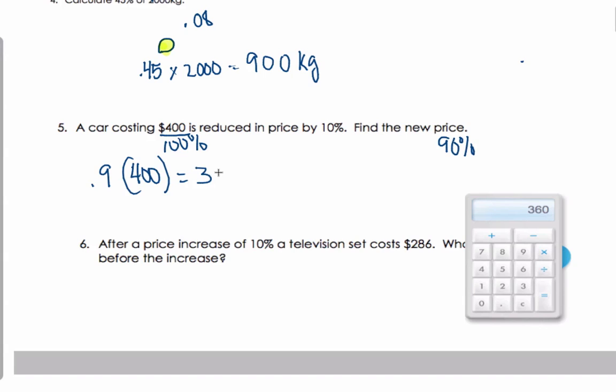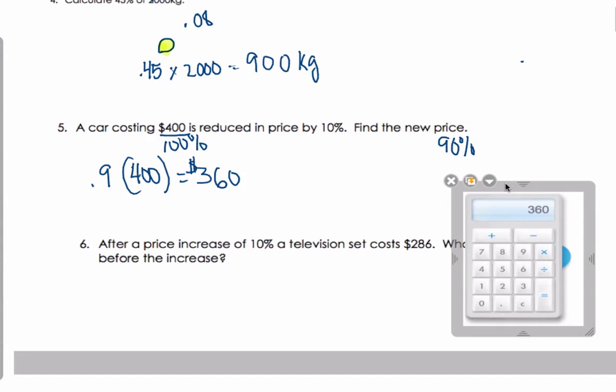So it will cost 360 if the price is reduced by 10%. Another way to think of this, 10% of 400 is 40. 400 minus 40 is 360. But this idea of thinking about what this percentage is will be helpful as we go through these problems.